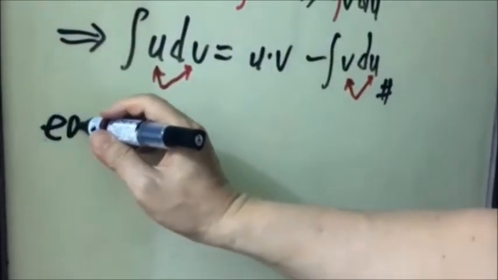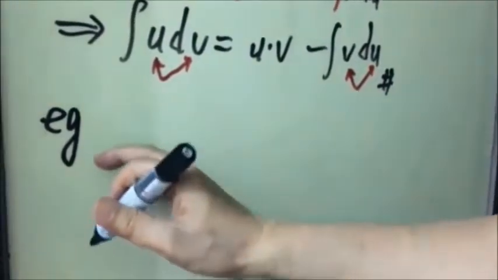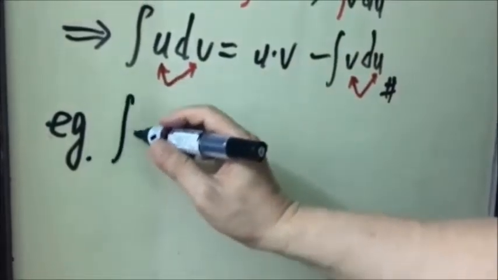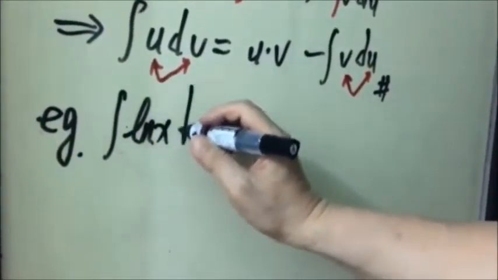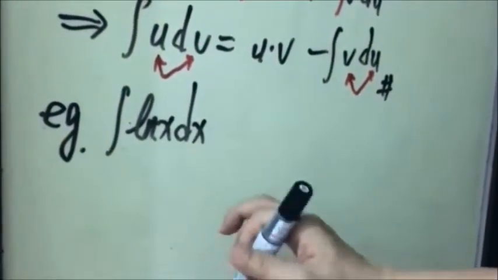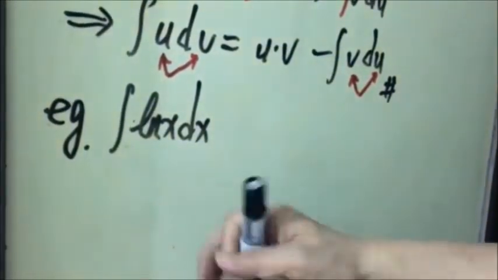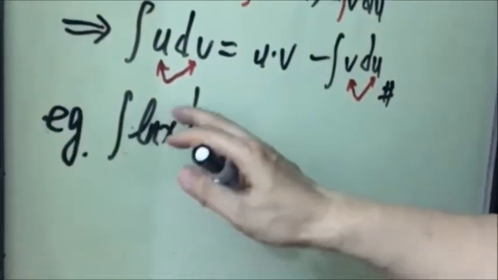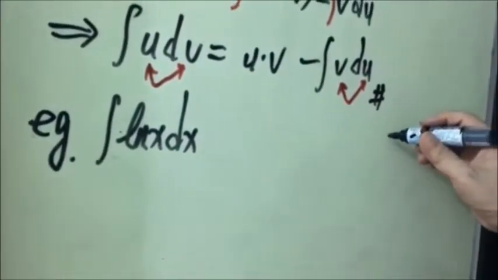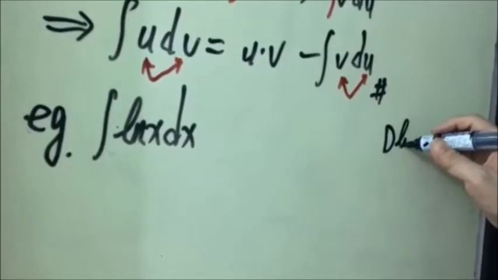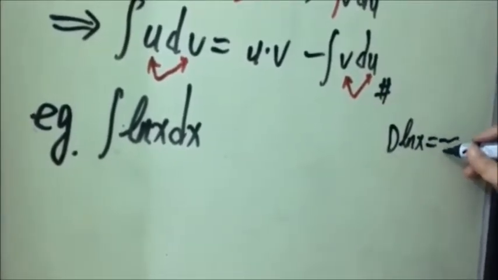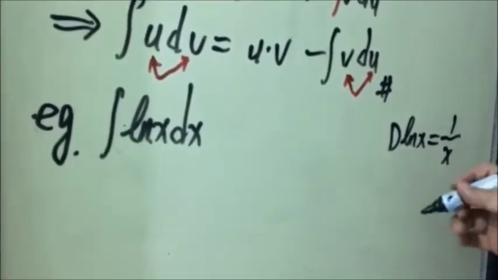So we will solve it by integration by parts. The example is the integral of natural log x dx. If we integrate natural log x dx, you will find no such formula in the table. But we have a differentiation formula: the derivative of natural log x is equal to 1 over x.